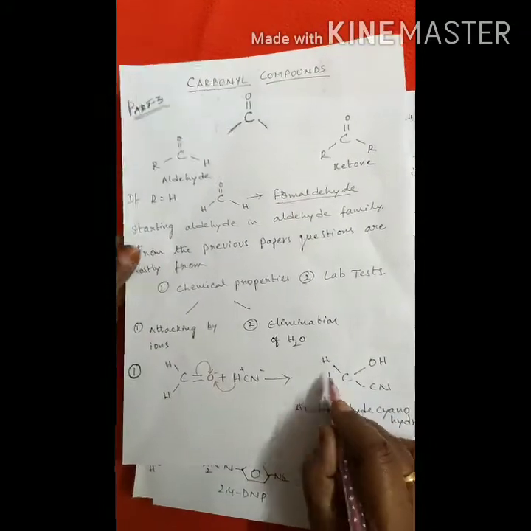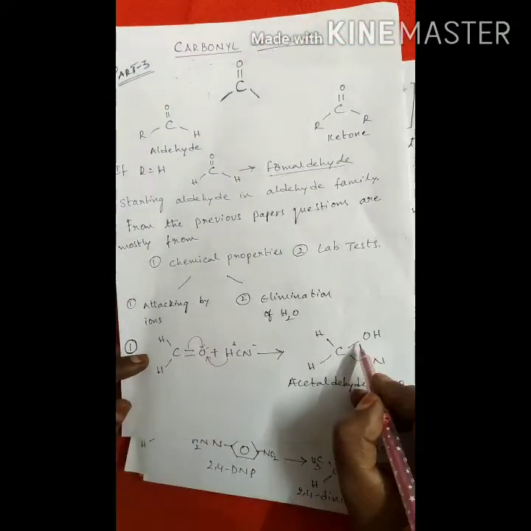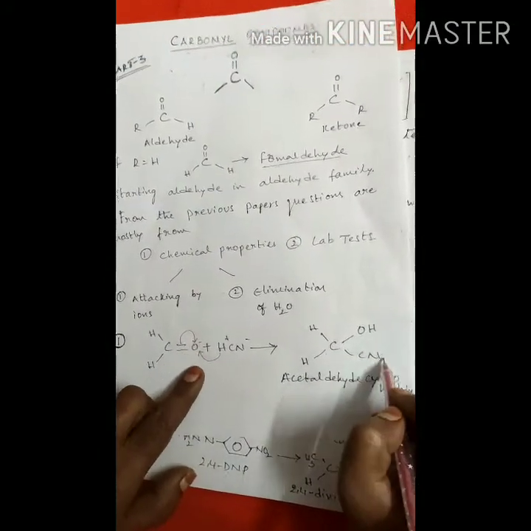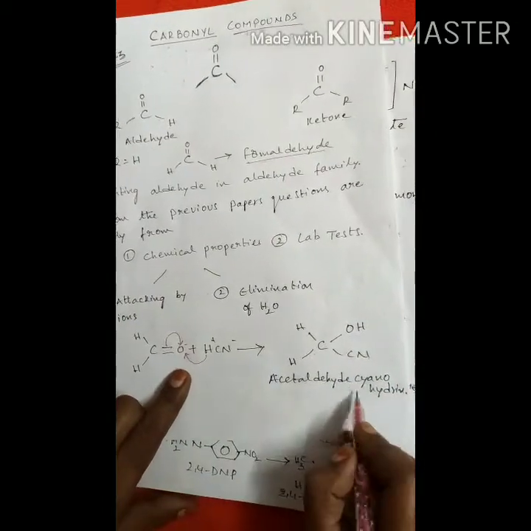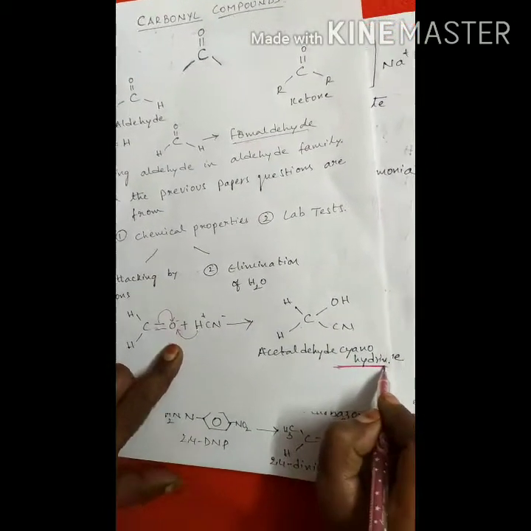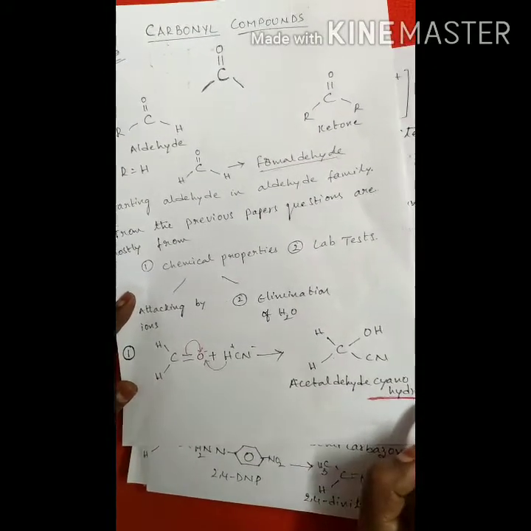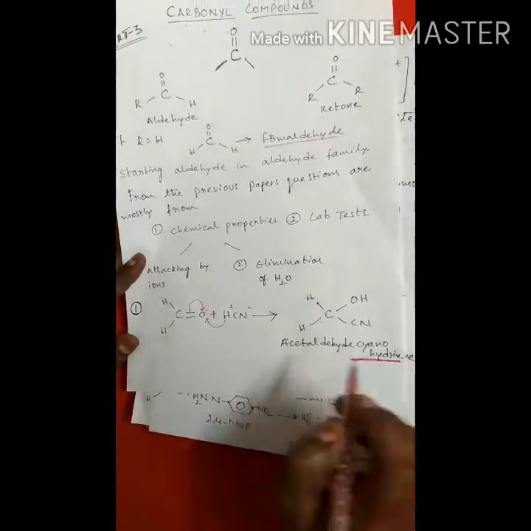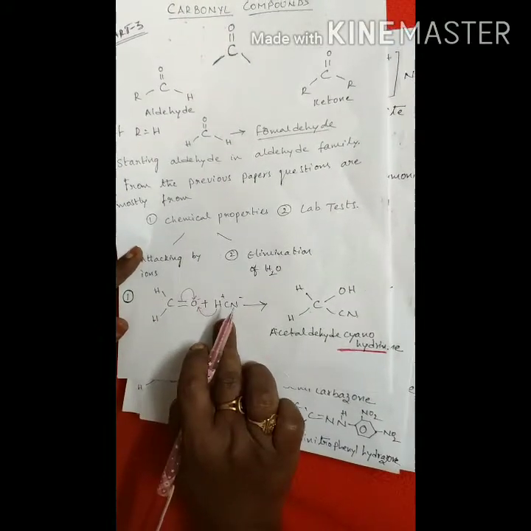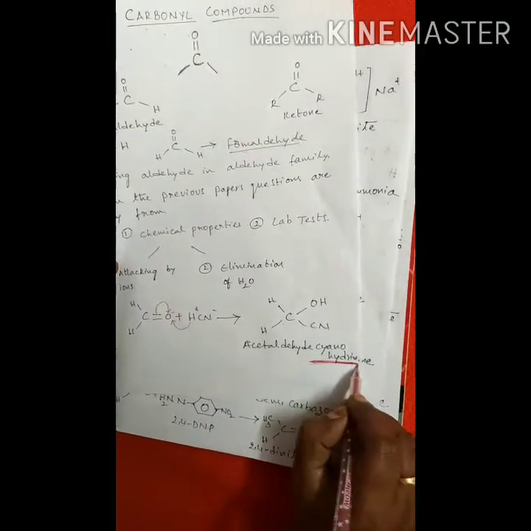Then we get C, H, OH and CN. That's why the formed product is known as cyanohydrin. In the EAMCET, what is the name of the product formed when carbonyl compounds react with HCN? The formed product is cyanohydrins.